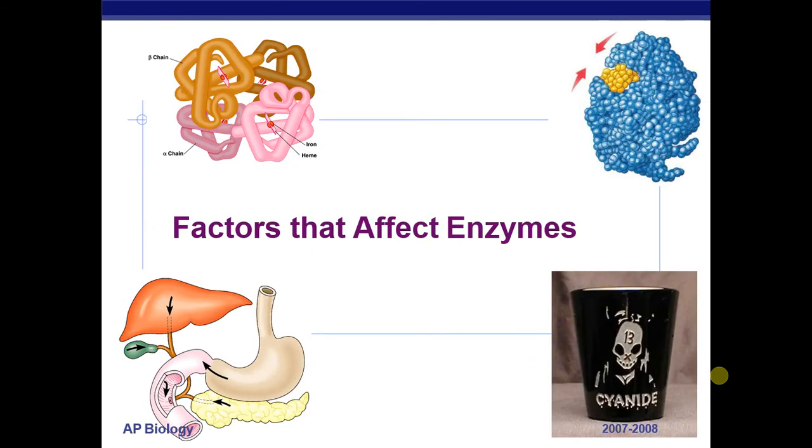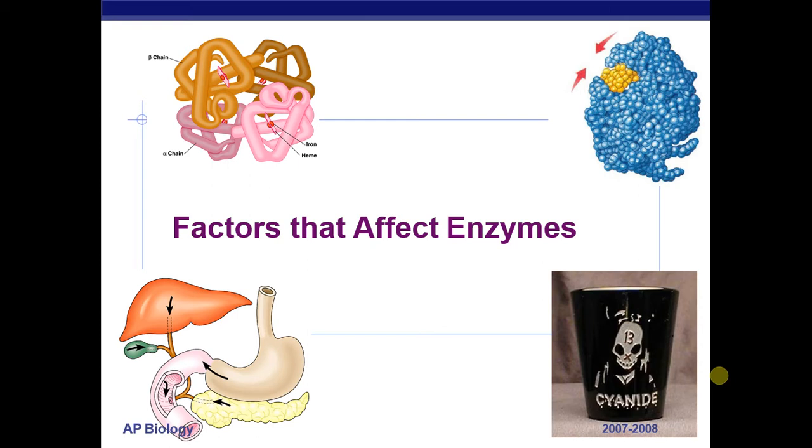What we're going to look at today is the different factors that affect how well enzymes work, how fast the chemical reactions that they participate in are able to go.